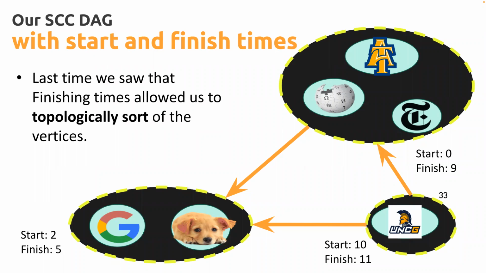The whole reason we kept track of the finishing time is so that we could topologically sort, okay? And topological sort only works on directed acyclic graphs, because if you have a cycle, then there is no way to sort it where your dependencies are all met. But thankfully, this graph is a directed acyclic graph, which means we can talk about a topological sort for this graph.